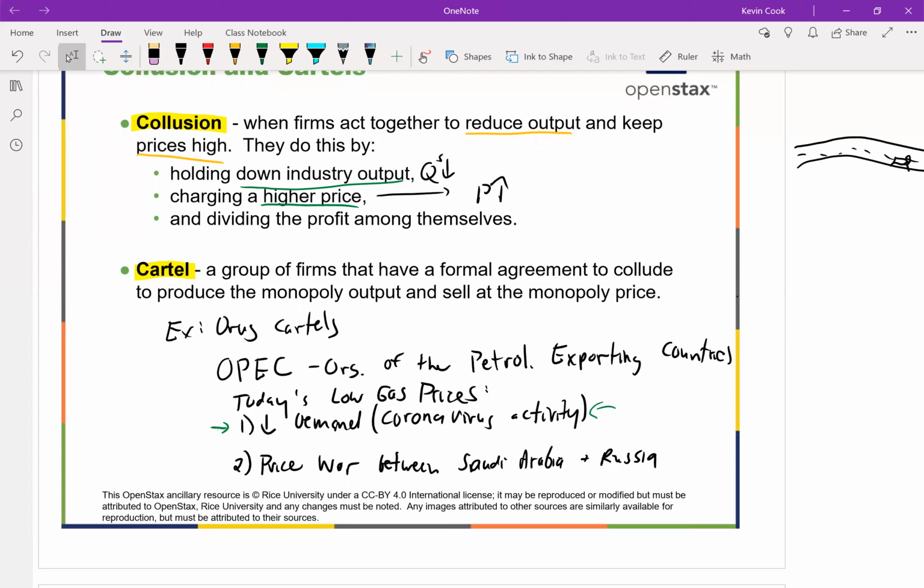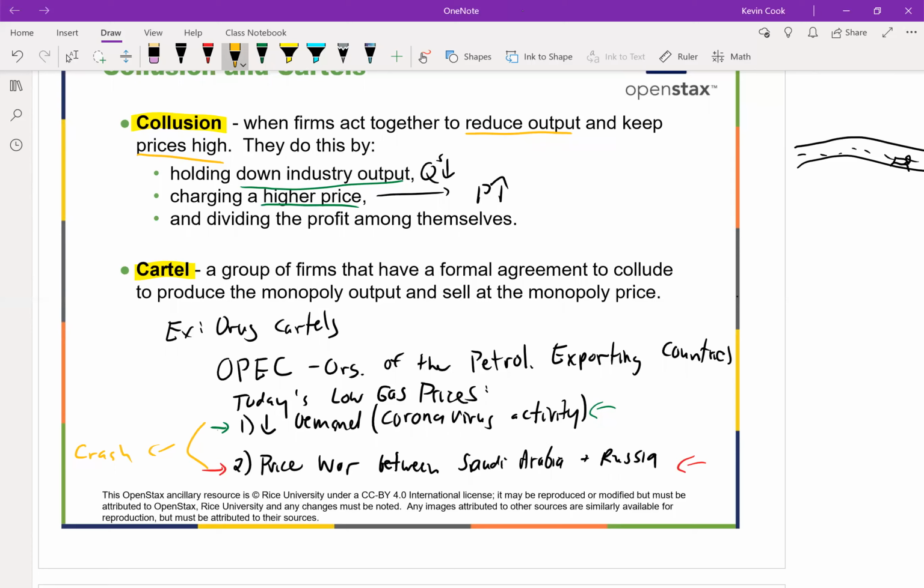But the other thing going on that really is escalating what's going on right now is this price war, which drops the oil market. When oil goes down, it has a trickle throughout the rest of the economy. So these two put together are really what's contributing to what's going on economically today.